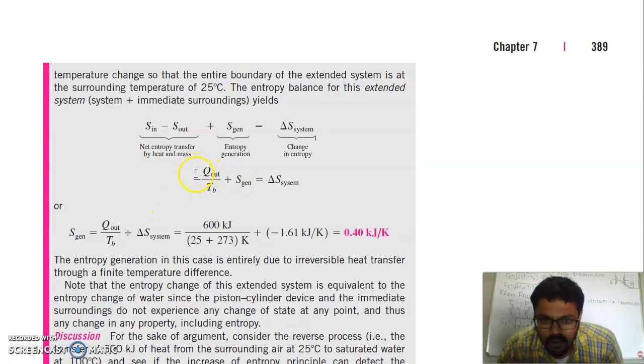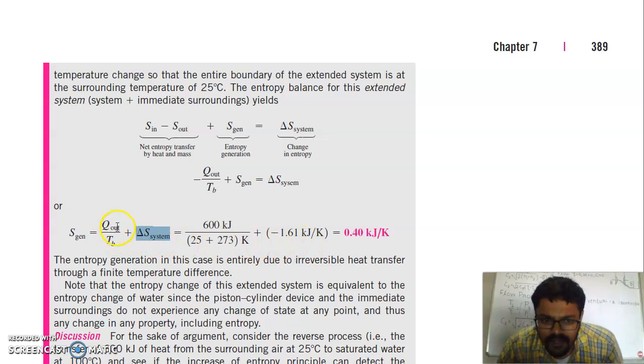Now, the entropy gained by the surrounding is Q out by T_b, where T_b is the boundary temperature, which is 25 degrees Celsius, plus S generation is equal to delta S system. So S generation is equal to Q out by T_b plus delta S system. Delta S system we had already calculated, which is minus 1.61.